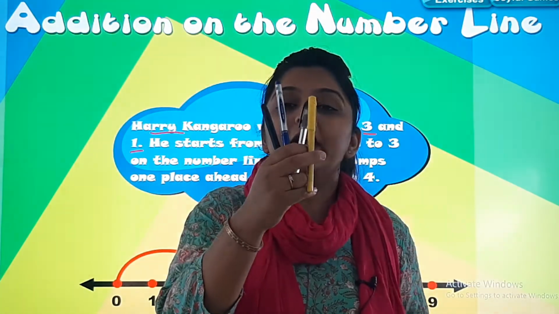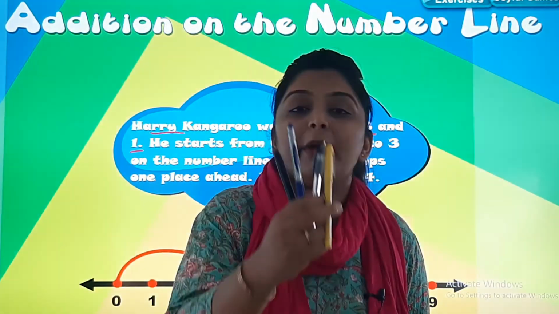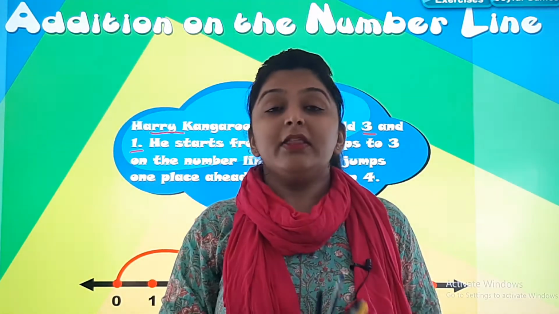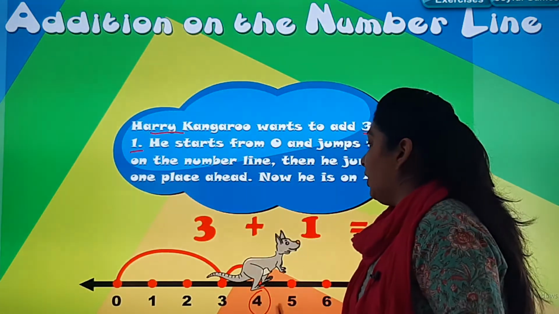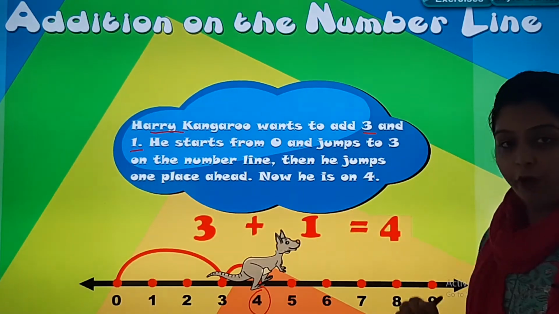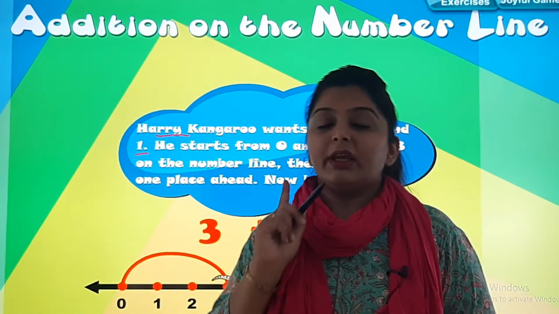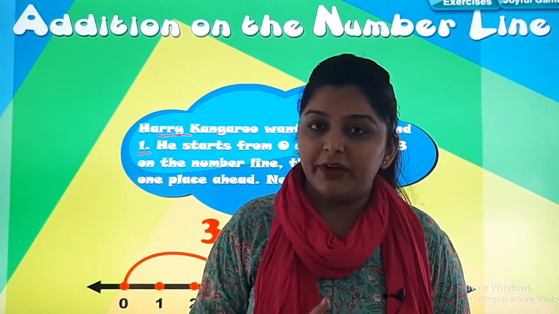Okay? So in total, how many pens is ma'am having? Total, I am having 4 pens. In the same way, dear children, 3 plus 1 is equals to 4. This is on the number line. Is it clear? Understood very well?